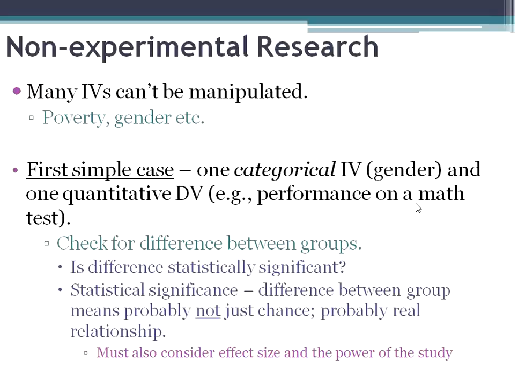We might be able to conclude that there is probably a real effect or a real relationship, a real effect of gender on math performance. But we can't necessarily say that gender itself is the thing that is causing this difference because we don't have random assignment.